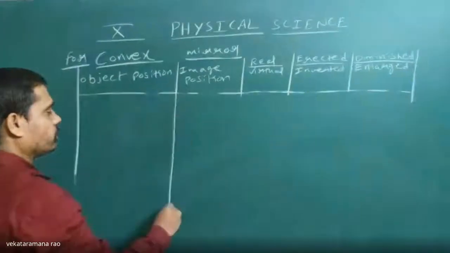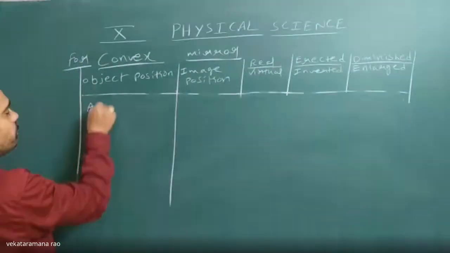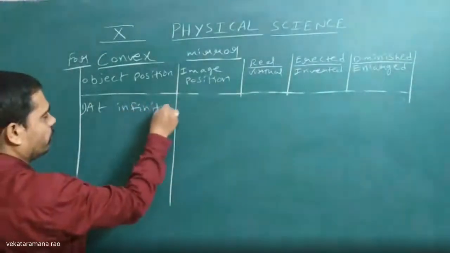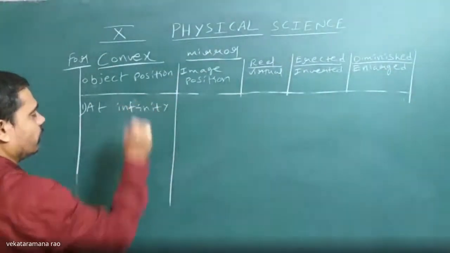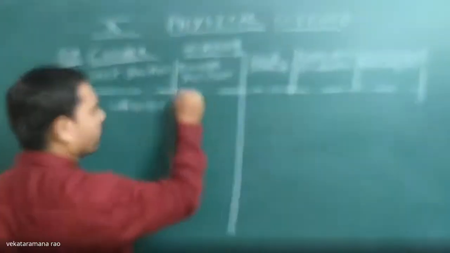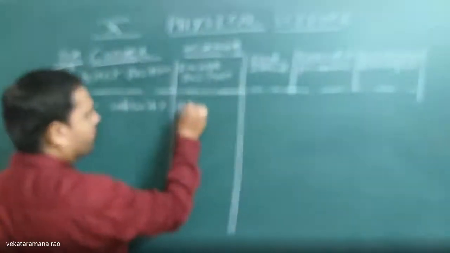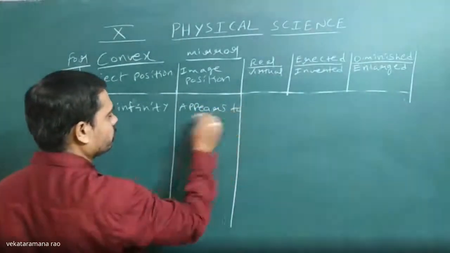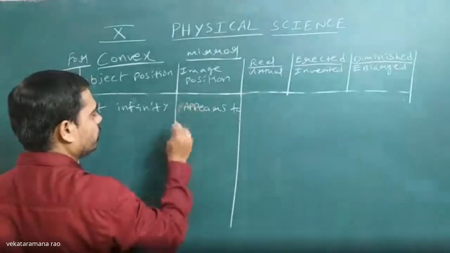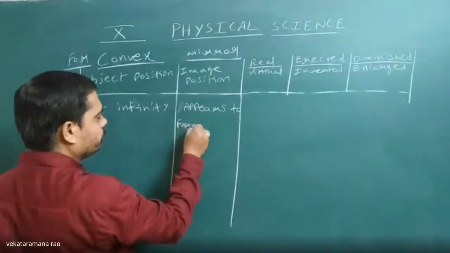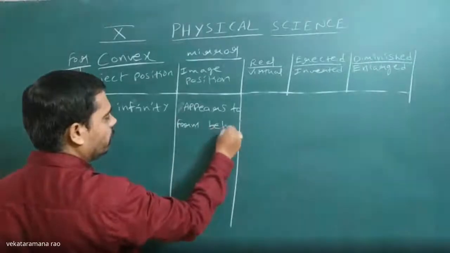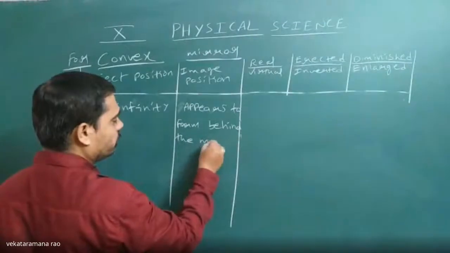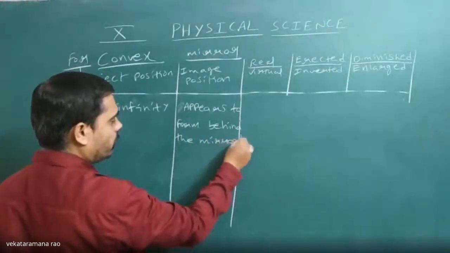Now first position. Where is the first position? The object will be at infinity. Where is the image forming? It appears to form behind the mirror, at focus.